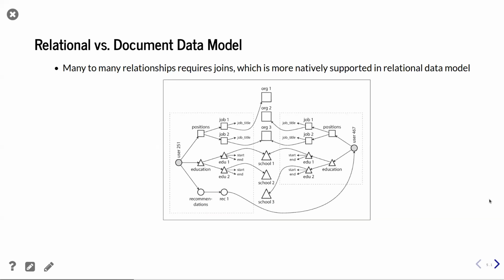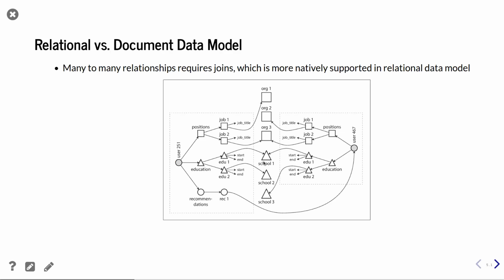Here is the same example illustrated graphically. We have user 251 and user 467. If they are separate documents, then all is good. But if we put in organizations and school information, multiple users might have to reference the same school or organization.